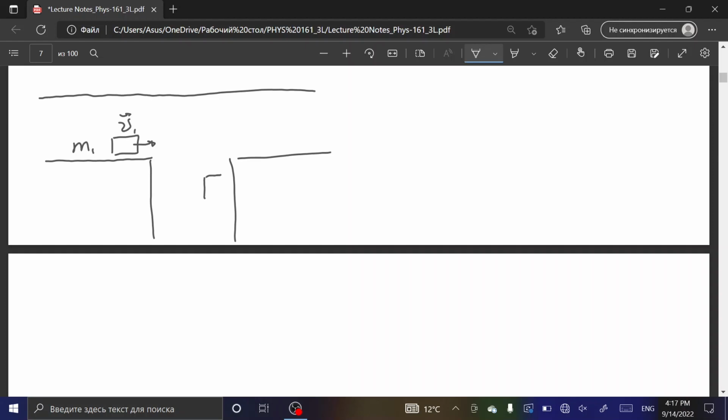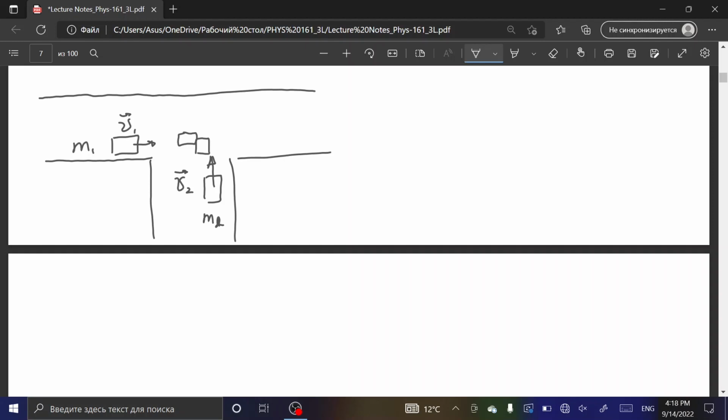And here is car number 2, m2 and v2 vector of velocity. So the drivers didn't learn the priorities well, who should go first, and they collide here at the center of this cross, and we have an ideal, perfectly inelastic collision, so they stick to each other and move together.